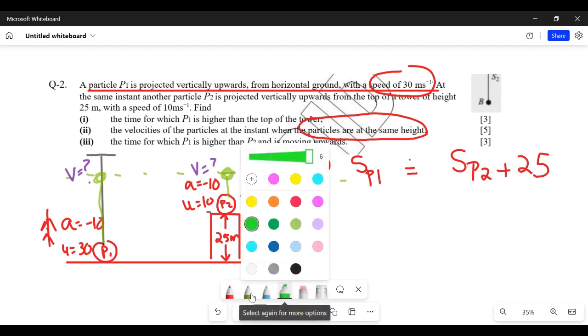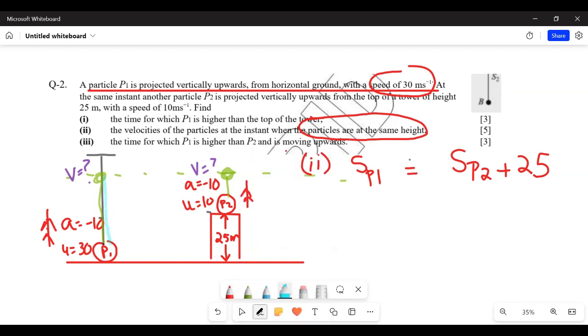Why do we need the tower height? Because you can't say that this distance is equal to this distance. Saying that distance covered by P1 is equal to distance covered by P2 is not correct, because distance covered by P2 is just this much.